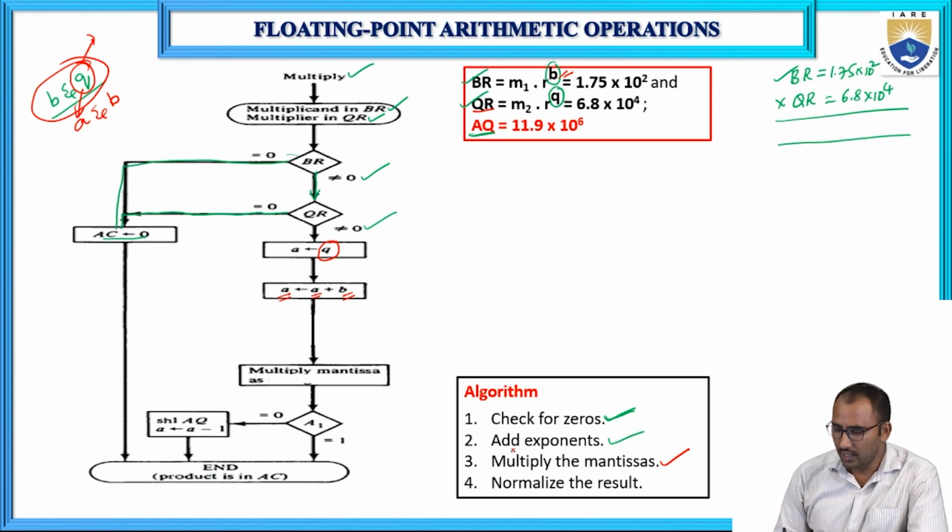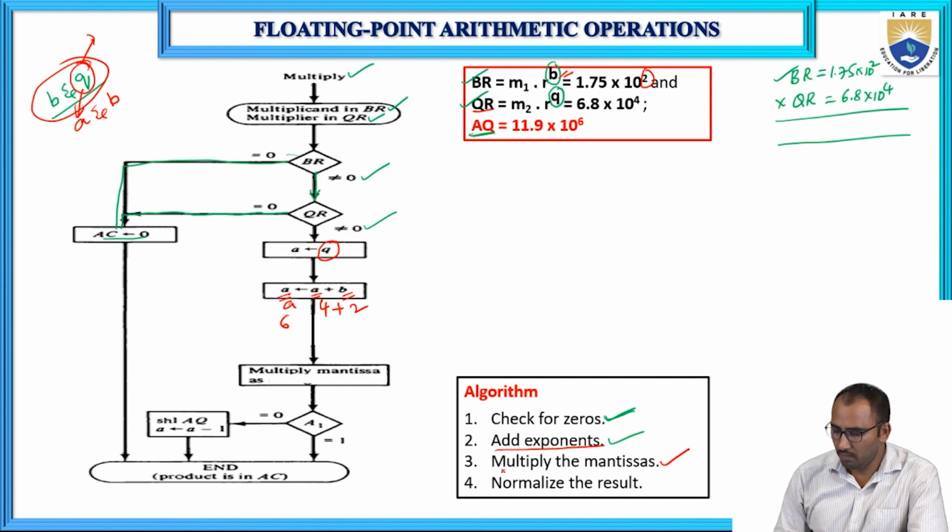That's why we add the exponents here. So a value is 4, b value is 2. 4 plus 2 is 6, so the value stored in A is 6. Now the final product power is 6.